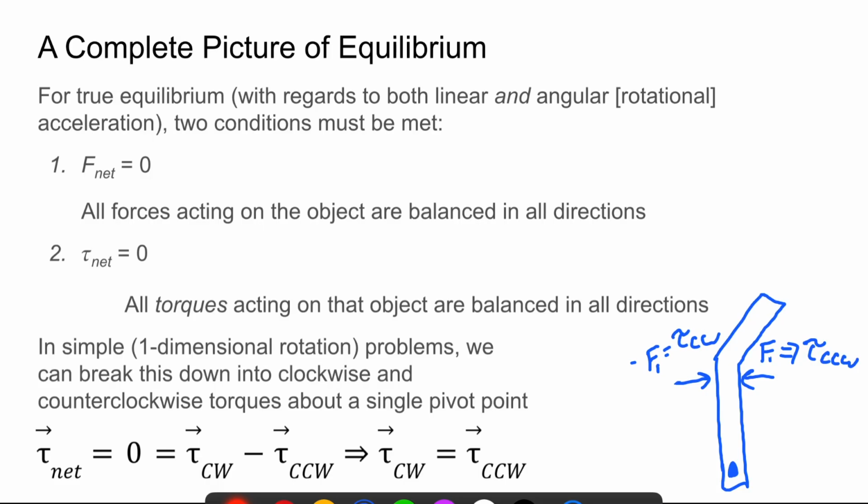If those two are equal, then we have a net torque of zero, and that means our object will not experience any angular or rotational acceleration, in addition to no linear or translational acceleration, so long as net forces are zero. So if our net force is zero and our net torque is zero, then our object will truly be at equilibrium.